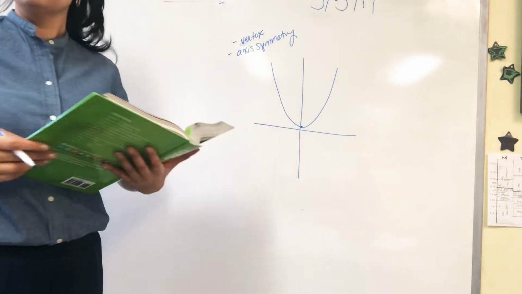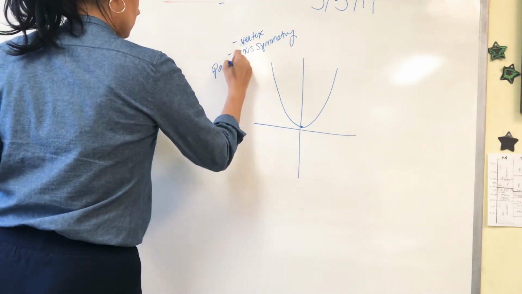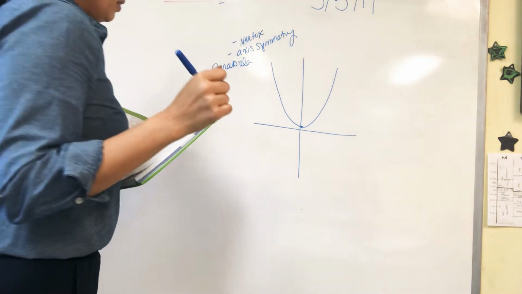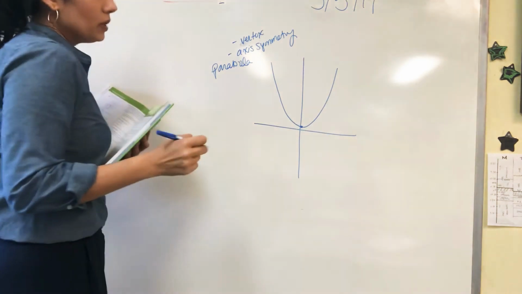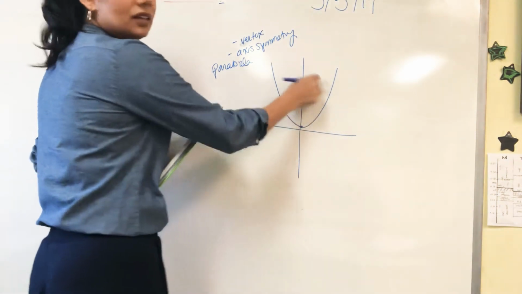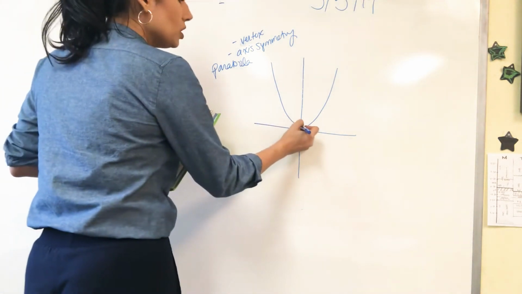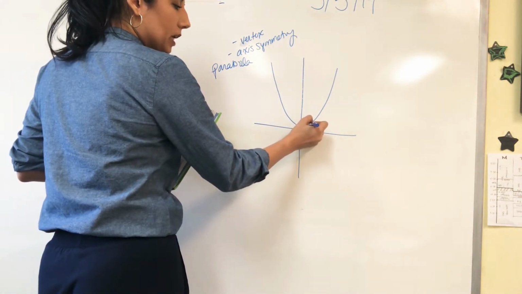And the focus. All right, the focus. So basically, the focus is located inside of this parabola. Just imagine you're traveling up, following this parabola up on the right side.